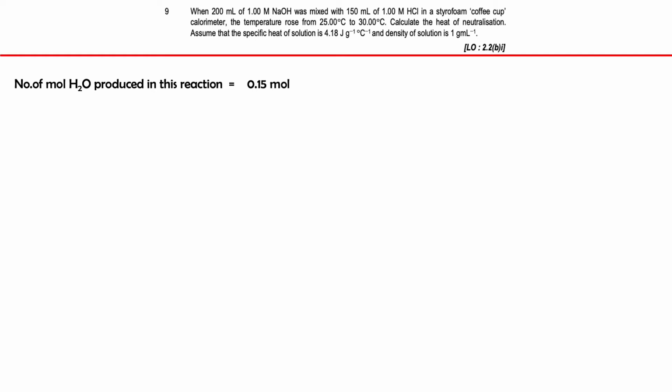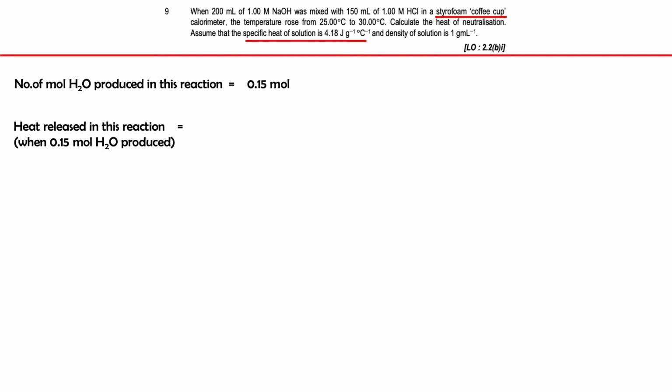Now that we know the mole of water produced in this reaction is 0.15 mole, let's take a look at other things. To calculate the heat released in this reaction, as you can see, we are given a styrofoam coffee cup with the specific heat capacity of the solution equivalent to 4.18. So we are given the specific heat of the solution only.